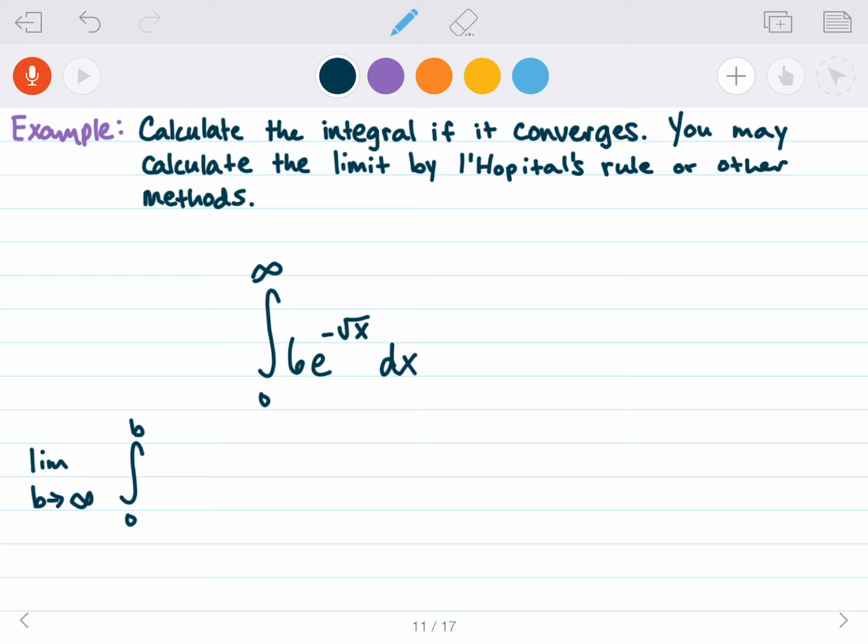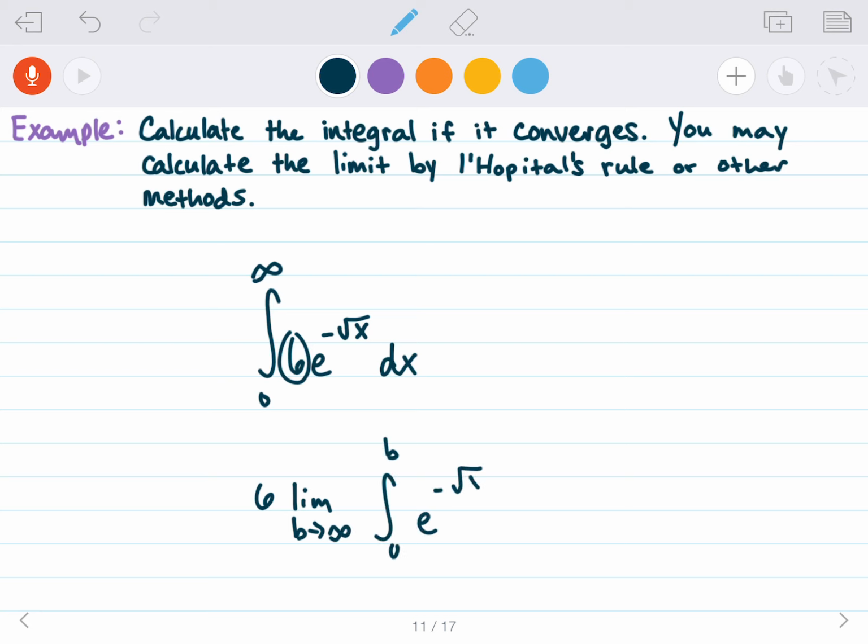I'm going to bring the 6 on the outside using those limit properties. So we have 6 times the limit as b goes to infinity of the integral from 0 to b of e to the negative root x dx.